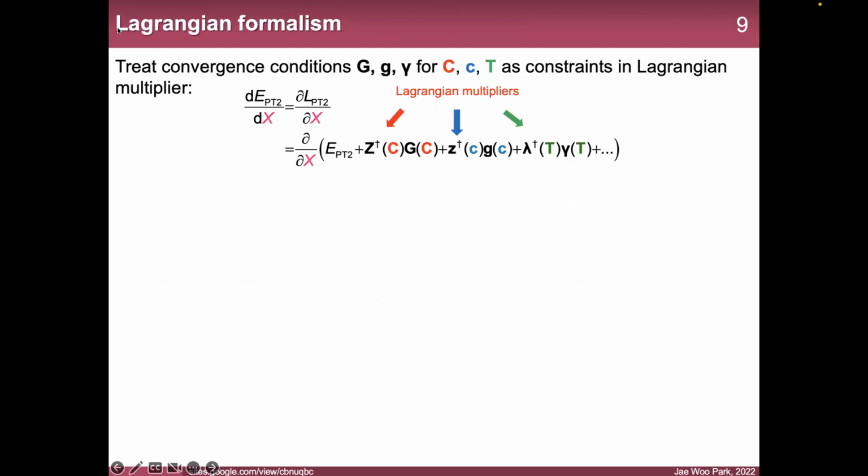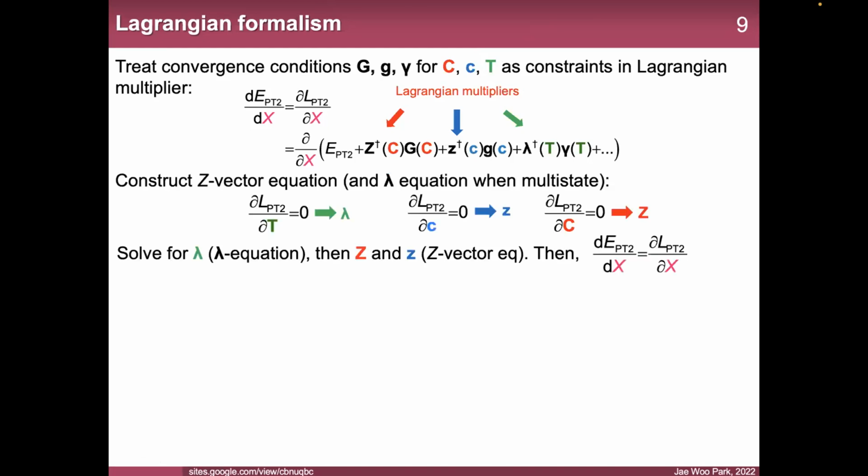And then I applied the Lagrangian formalism to various perturbation theories, multireference perturbation theories. So you treat the convergence conditions for the variables as constraints with Lagrange multipliers like this. And then you construct the Z-vector equation like this.